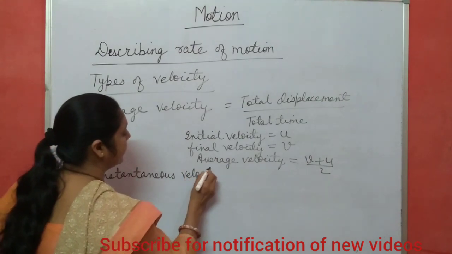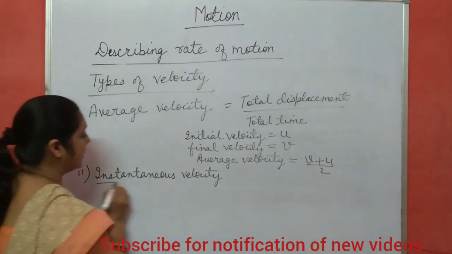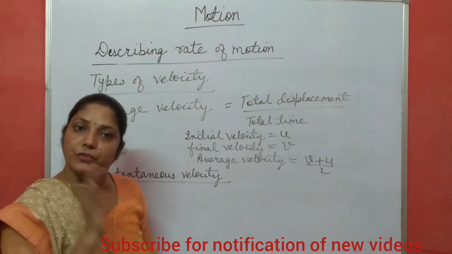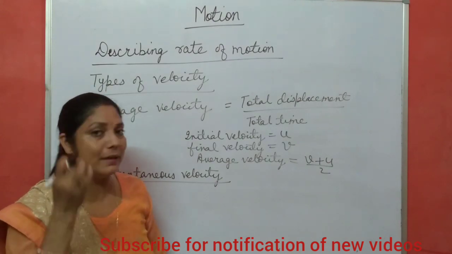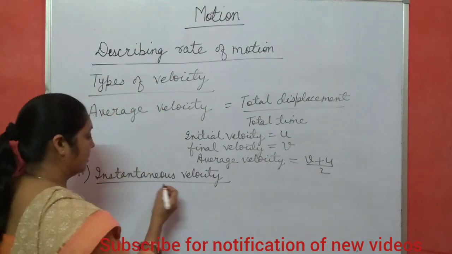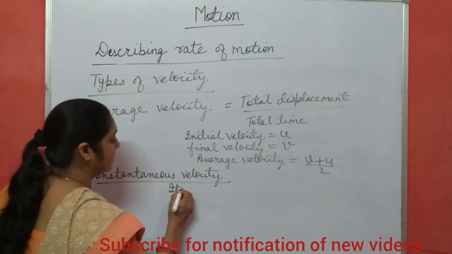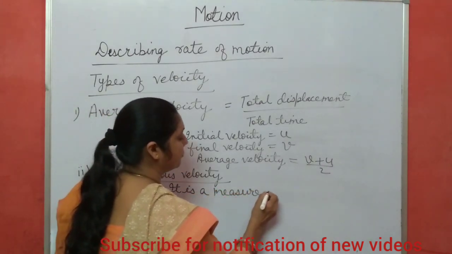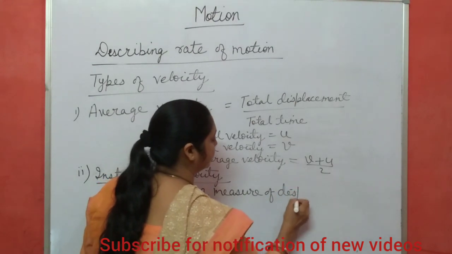What is this instantaneous velocity? Like instantaneous speed, it is the velocity at a particular instant of time. Or you can also say it is a measure of displacement covered at a particular instant.